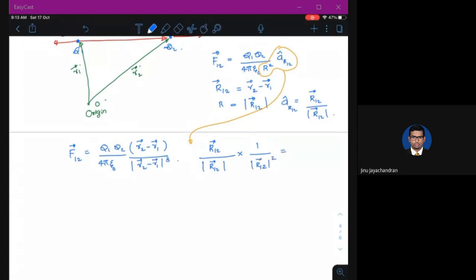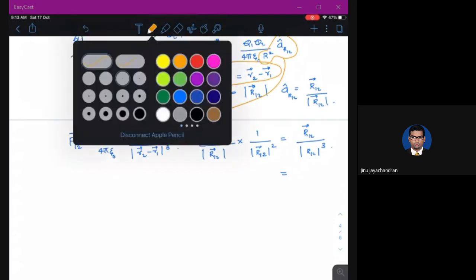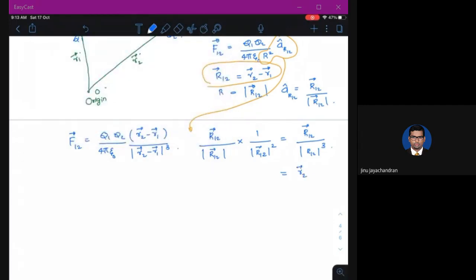So this is equal to R12 vector divided by R12 magnitude cube, which is equal to, where R12 is this one, it is small r2 minus r1 divided by r2 minus r1 magnitude cube. Okay, so this is how you have derived that expression.